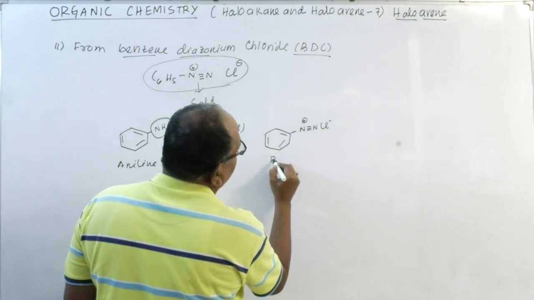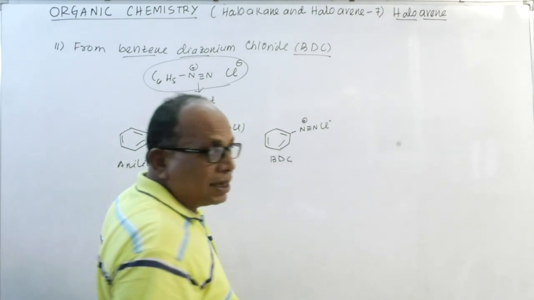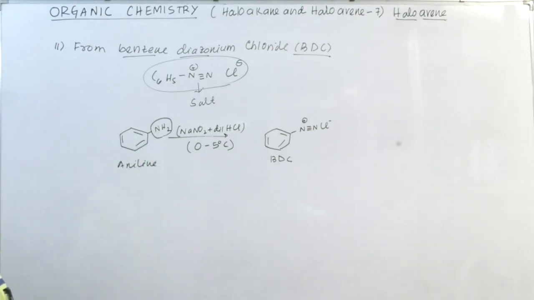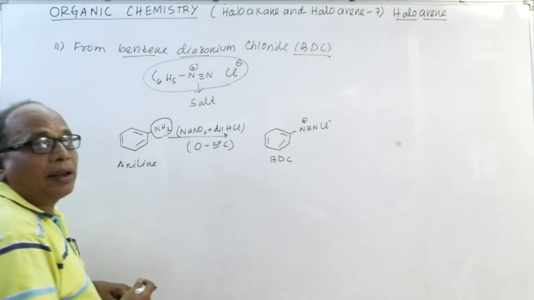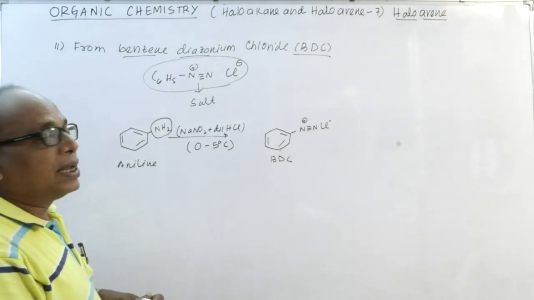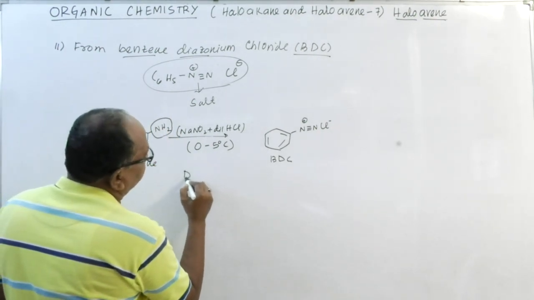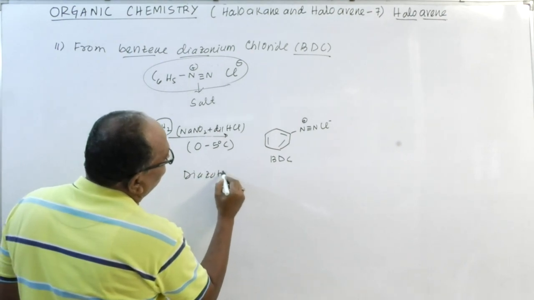This is called BDC, benzene diazonium chloride. And the conversion of aniline to BDC is known as diazotization.